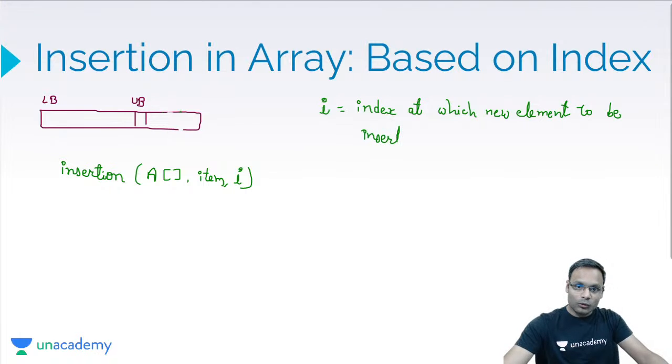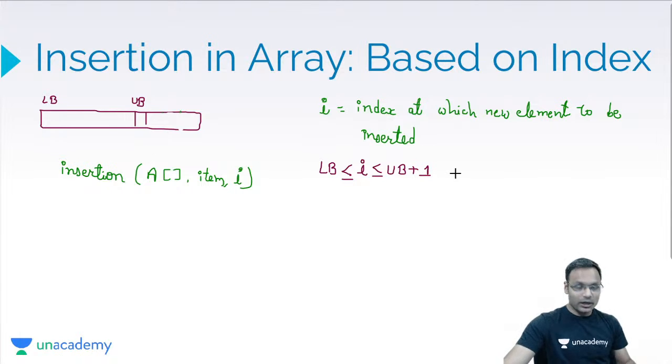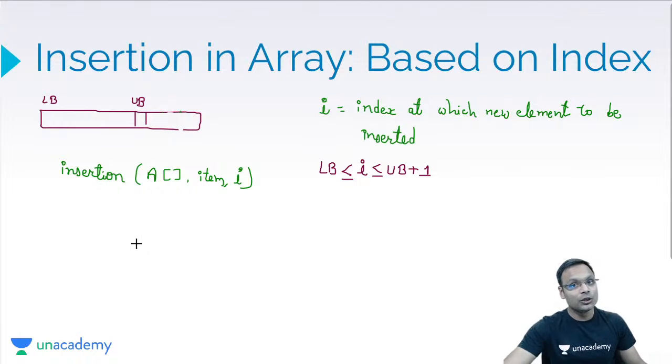Now you have to tell me what this index can be. It can be lower bound, yes, next, up to upper bound, and upper bound plus 1. Between these values, any value you give, I will insert the new element there, no problem.